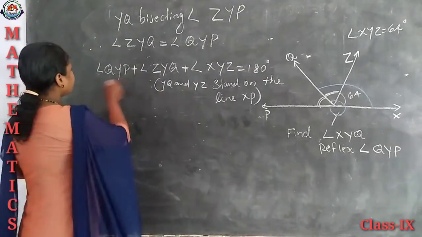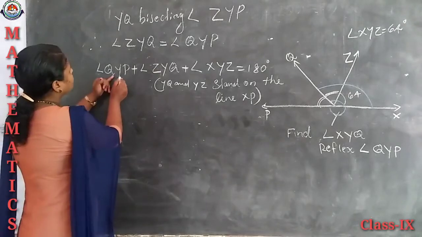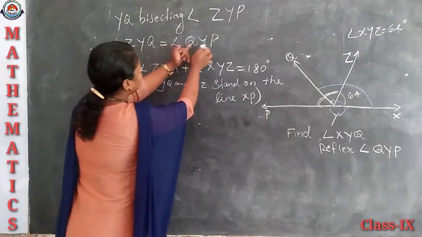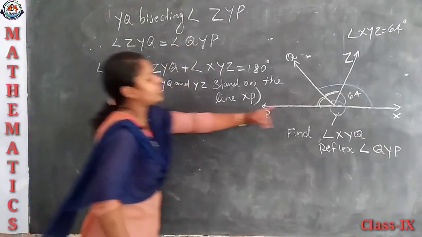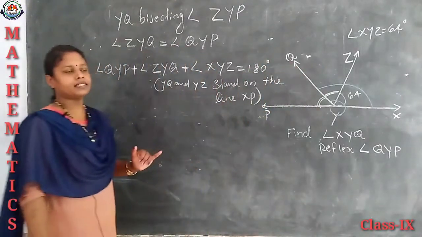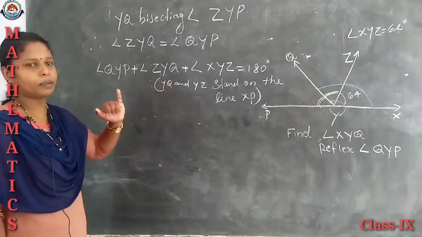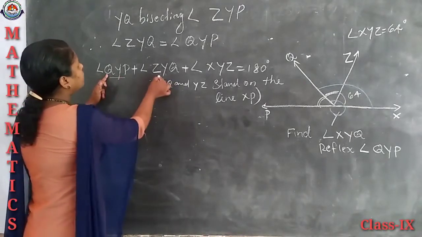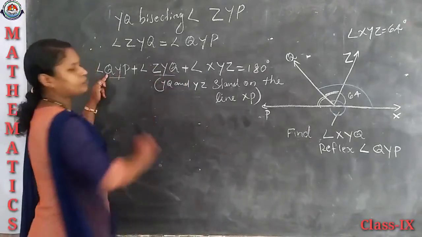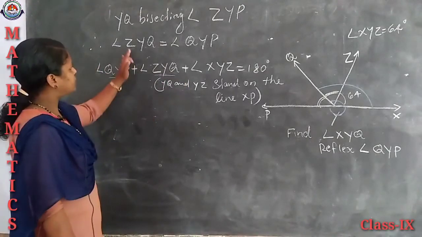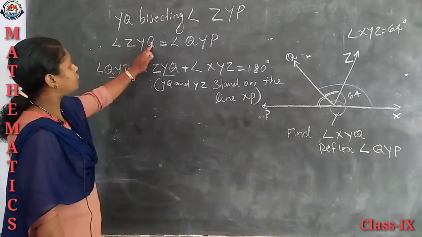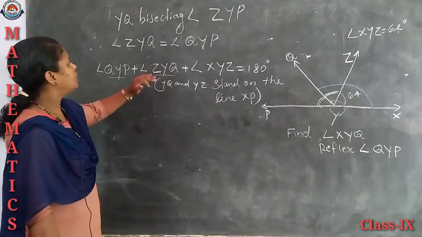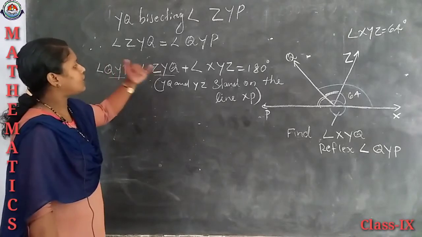Then here, angle ZYQ equals angle QYP because the ray YQ is bisecting angle ZYP. So instead of ZYQ we can write QYP, or instead of QYP we can write ZYQ.